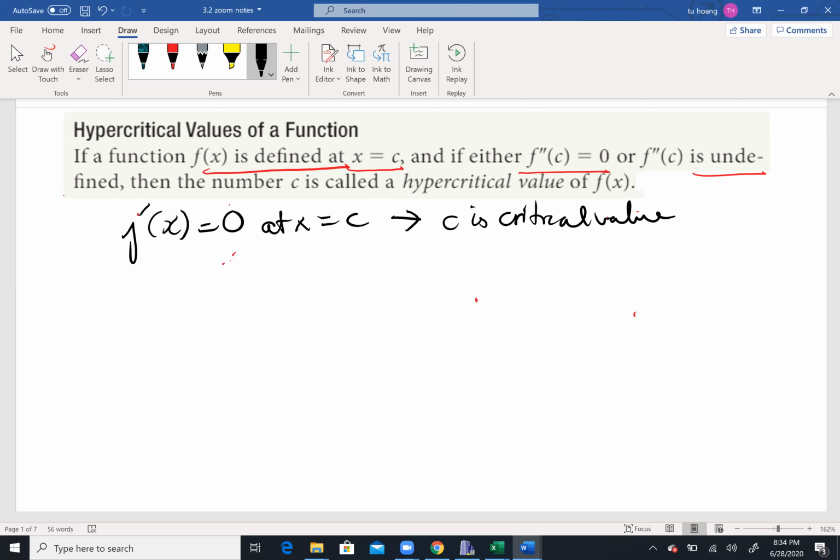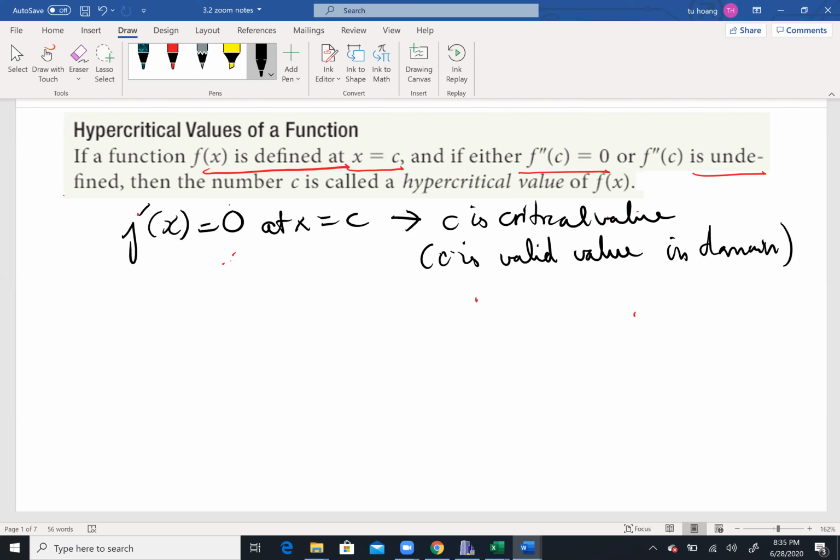But make sure that c is a valid value, I mean c is in the domain.